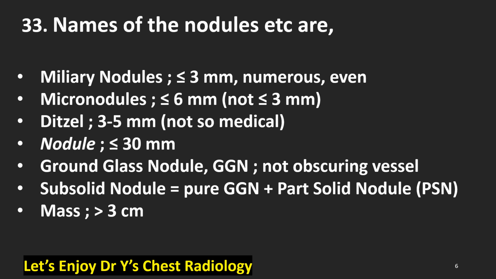And nodule, less than 30 mm. Ground glass nodule, GGN, not obscuring pulmonary vessels. Subsolid nodules include pure ground glass nodule and part solid nodule. Mass is bigger than 3 cm.